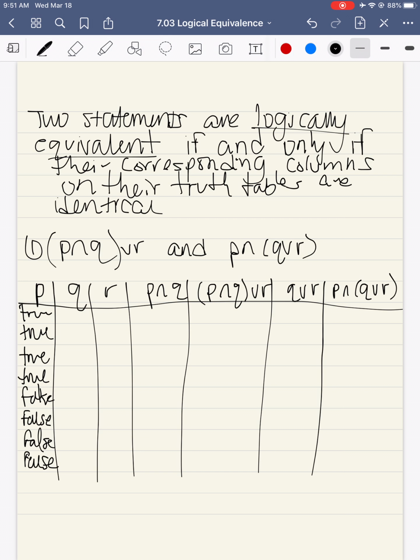So then a quarter of these are true, so 2 are true, and then 2 are false. And then our last column, we just alternate. So true, false, and keep going.